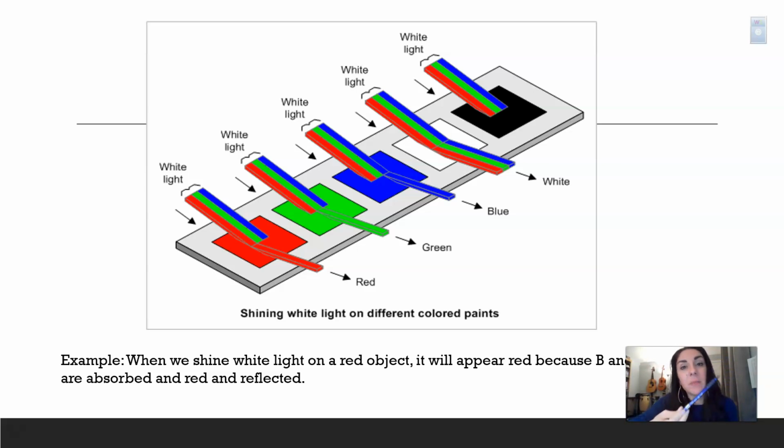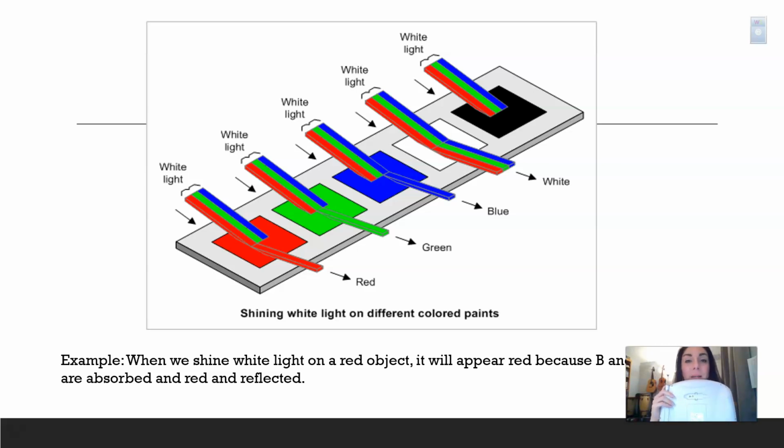This is a pigment, not a light additive. This works differently. This works on the fact that this pen actually absorbs color and then reflects another. So blue is basically absorption of red and green. So this is absorbing red and green light and giving back blue, which is why I see it blue. This is white.